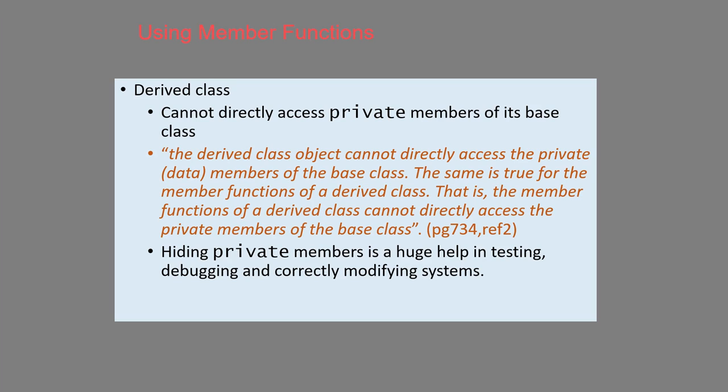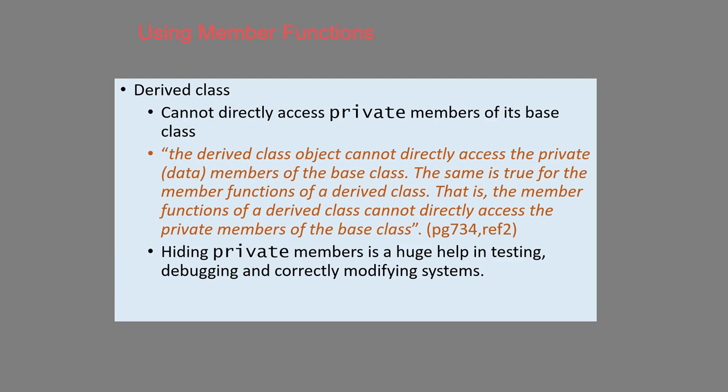Next is what can be accessed and what cannot be accessed, specifically about the member functions when you do inheritance. The derived class object cannot directly access private members of the base class. We did this in our programs. The same is true for the member functions of a derived class.